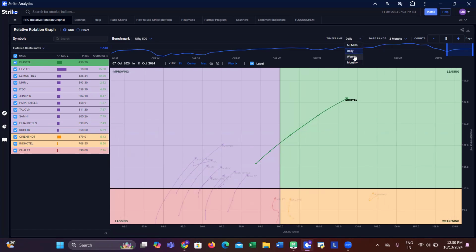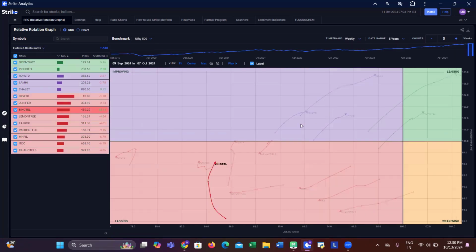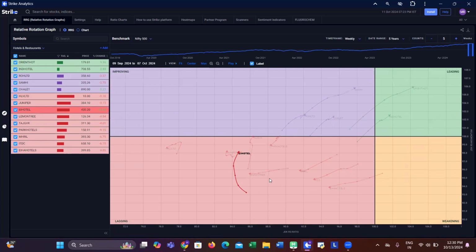But if I change to the weekly chart, and the weekly data would be until 7th of October, there is a very significant improvement in the RS momentum. This is very interesting to look at, to be honest. We'll have to see tomorrow if it has moved further towards improving.